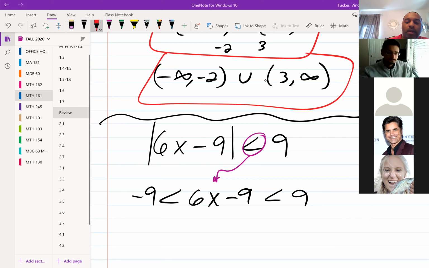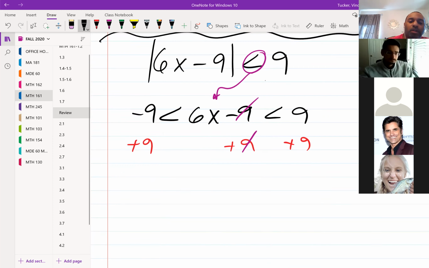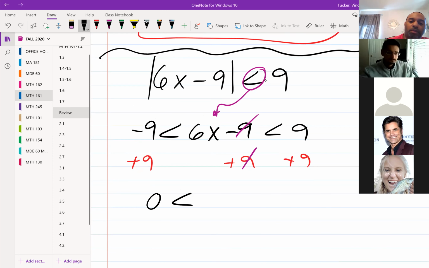And so add 9 to all 3 parts. Let's cancel here. That's 0, 6x, 18. And then divide by 6.